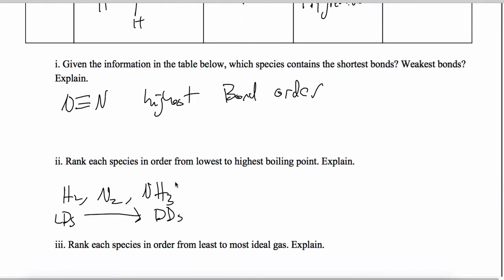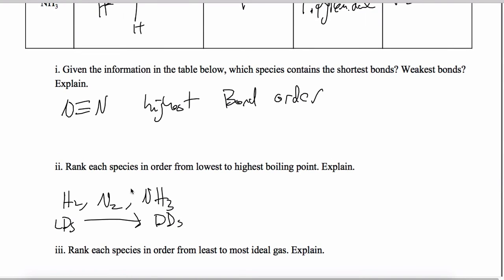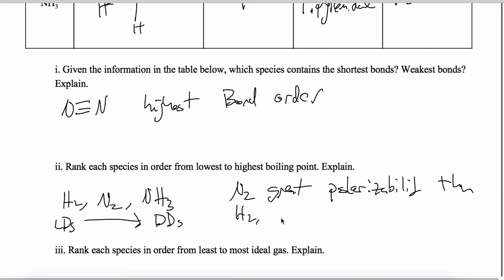So dipole-dipole forces are stronger forces between particles. The reason nitrogen is going to be after hydrogen has to do with size. So nitrogen has a greater polarizability than H2, thus stronger London forces.